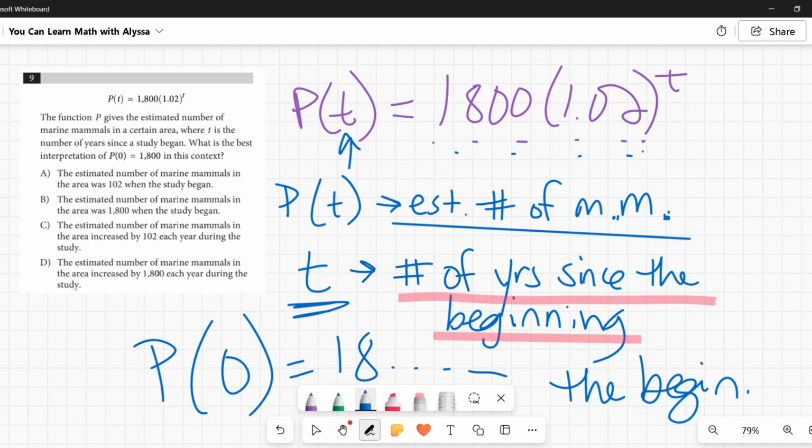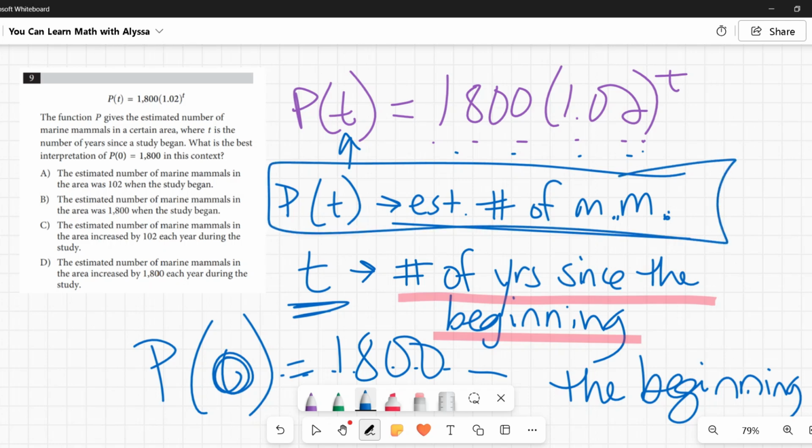The start. I should have just written start instead of slowly, ponderously writing beginning every time. Since the start, it is the first year, the first moment. They haven't really started tracking the change yet. They've just started. And at 0, they did the math, they got 1800. Well, what did it say up here is what that number is?